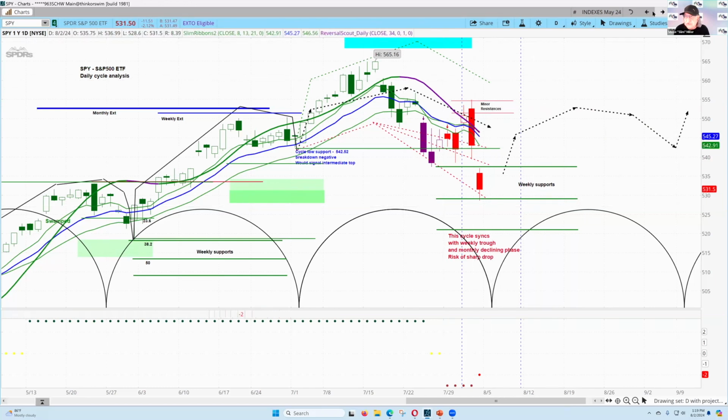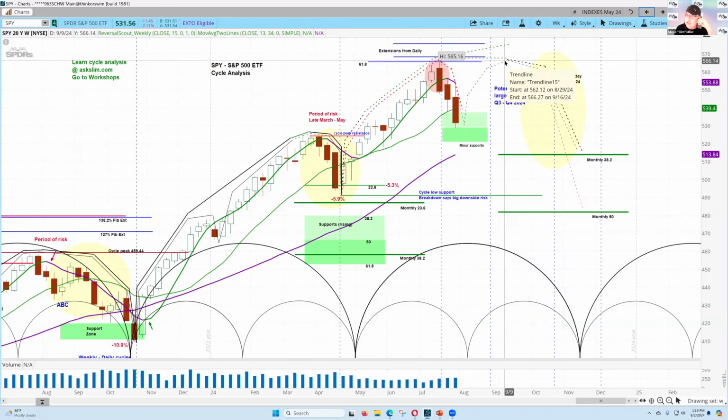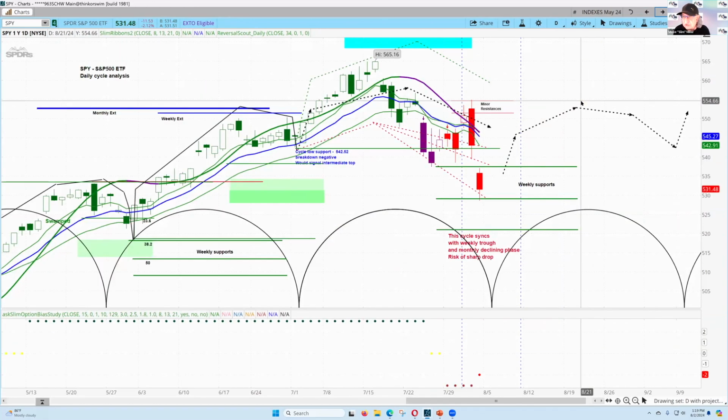So when you go back to the weekly, you can see that it's projecting to another rally. This is projecting based on the mechanical way that we do it, because this is a positive cycle right over here. And it says that the next half cycle is likely to get up and test this area. My gut tells me that's not going to happen and that it's going to fail more in the resistance area that we put up here on the daily chart.